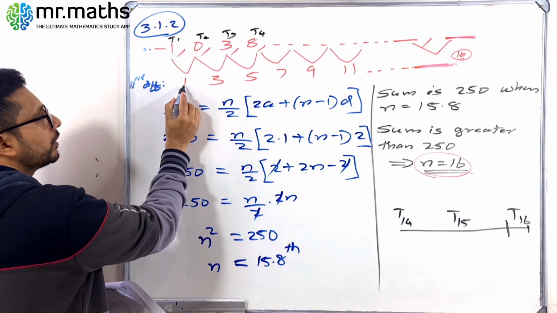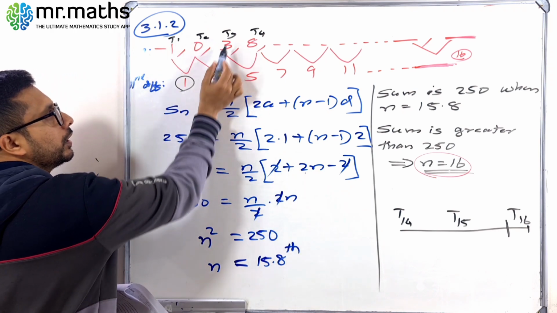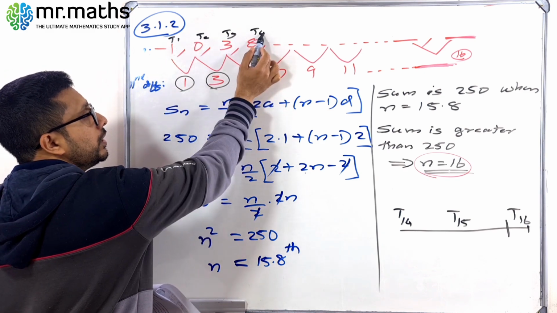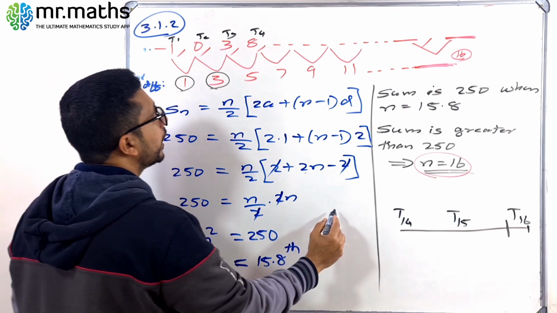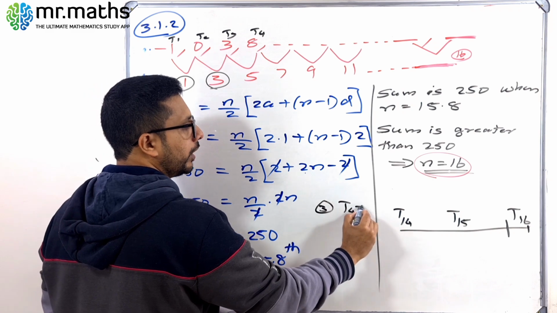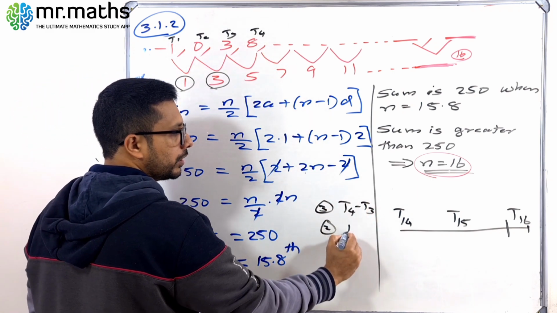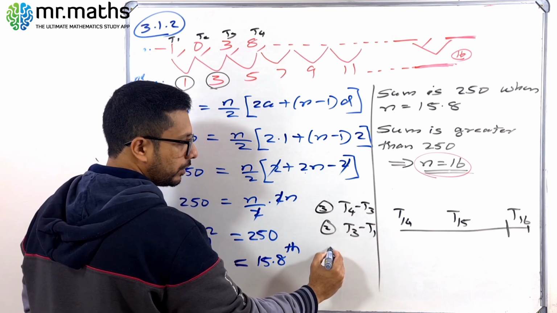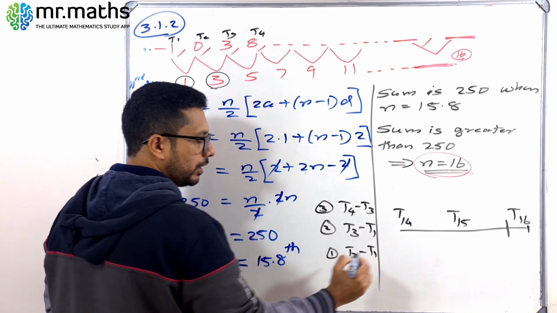So how do I get this first term? T2 minus T1. Second term, T3 minus T2. Third term, T4 minus T3. So to get the third term, T4 minus T3; the second term, T3 minus T2; to get the first term, T2 minus T1.